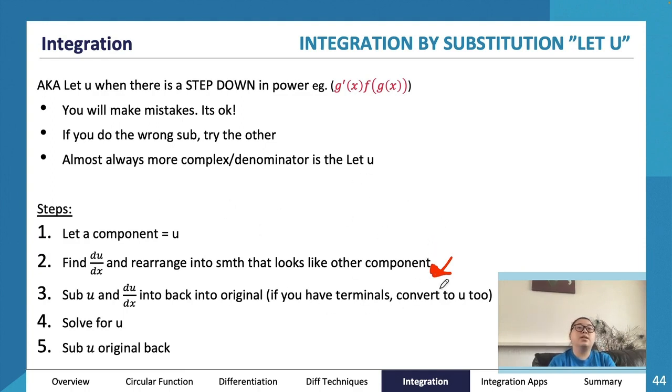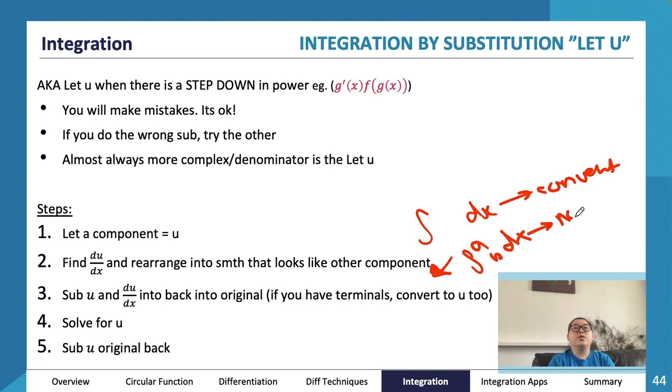We'll talk about that when there's a question on it. But essentially, if you had something in terms of x, you'd have to convert back to x. But if you have terminals, so a definite integral, you don't need to convert, because you can just sub in the terminals, and it will be a number, right?